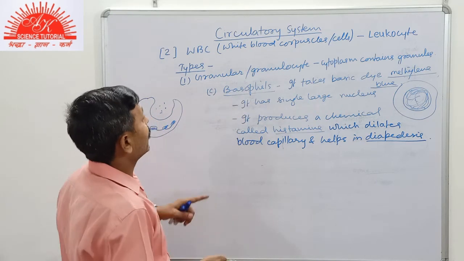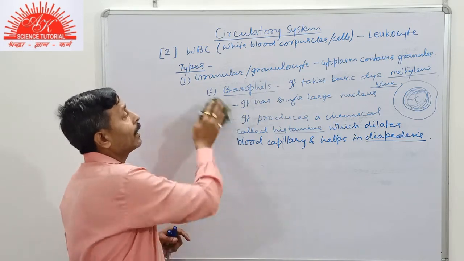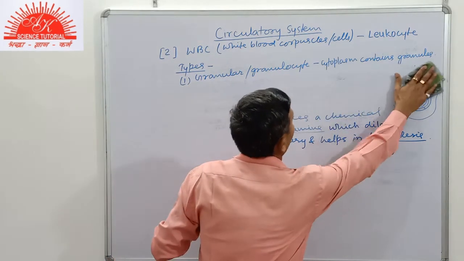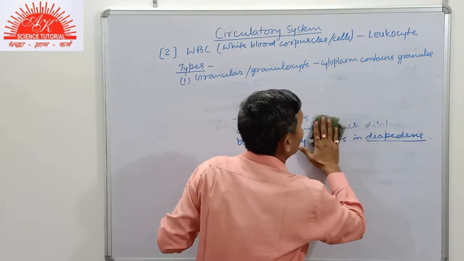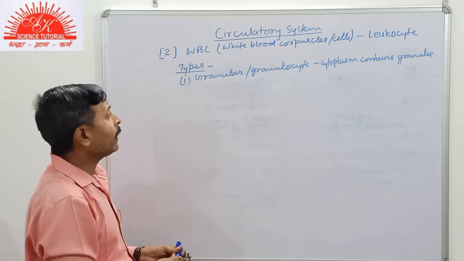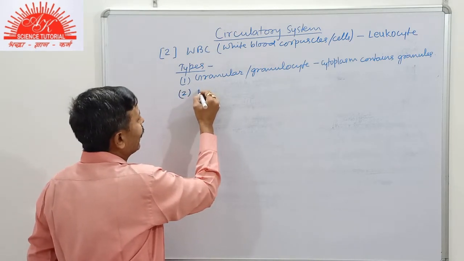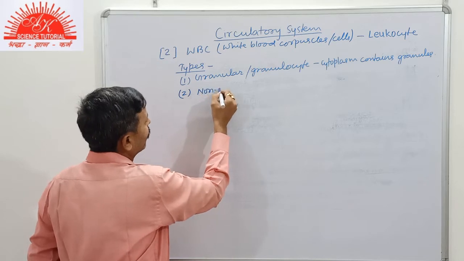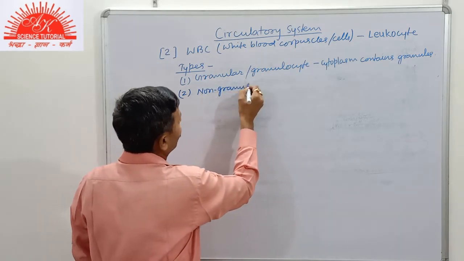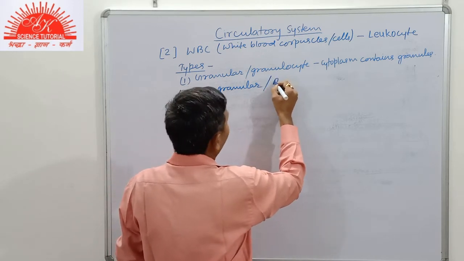So we have studied the three types of granulocytes, that is neutrophil, eosinophil, and the basophil, and related to their function. Now the second type is agranular or non-granular, also known as agranulocyte.